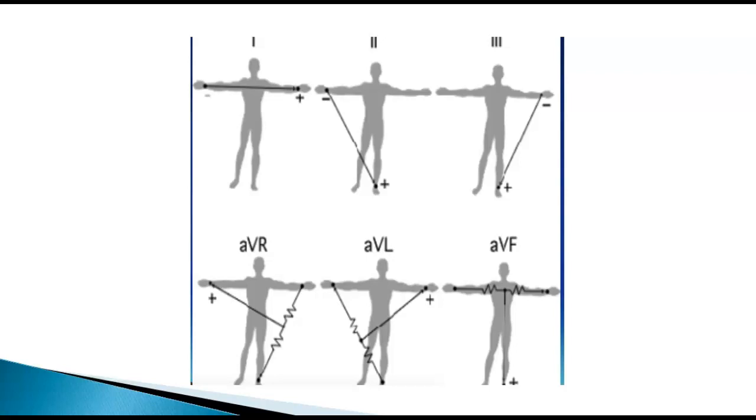What's interesting about that is lead 2, your right arm to your foot, is exactly the same direction that your SA node, AV node, and bundle of His travel. That is why nurses always read EKGs or lead bedside monitors in lead 2, because we're used to the method of SA to AV to bundle of His.